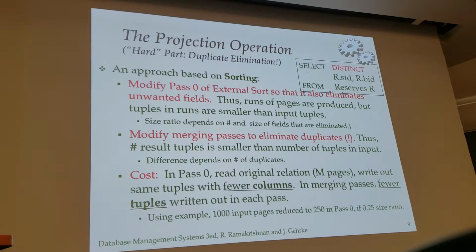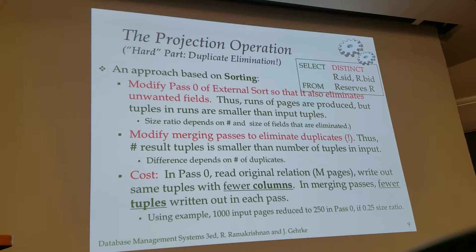Okay, you can do an approach based on sorting. Basically you can sort to get rid of duplicates. And if you have the external sort, where it doesn't all fit inside memory, you can take the algorithm that we already discussed in lecture.